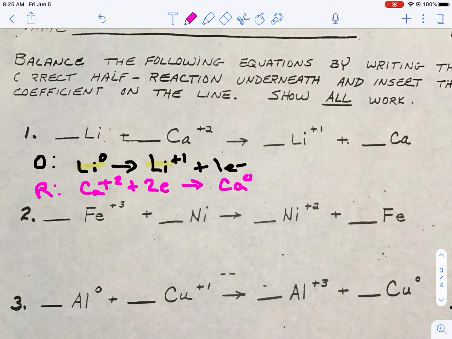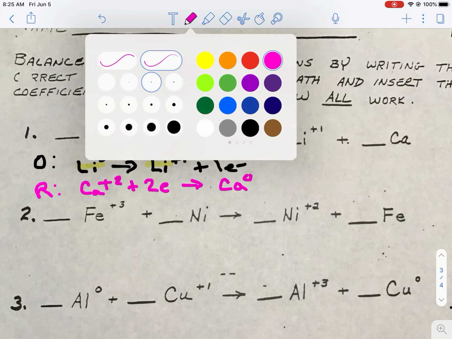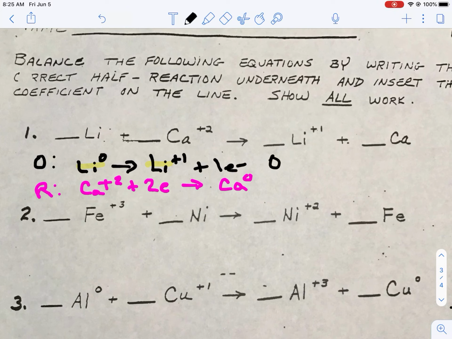The last piece that we have to do is electrons that are lost from one reaction. How can I write this in shorthand? Electrons, oxidation is losing, and reduction is gaining, and that's what we're seeing here.